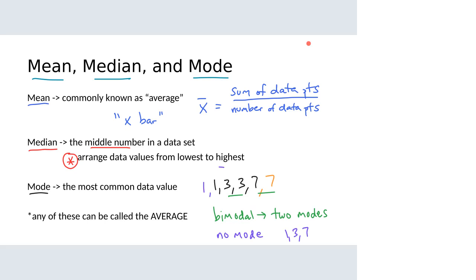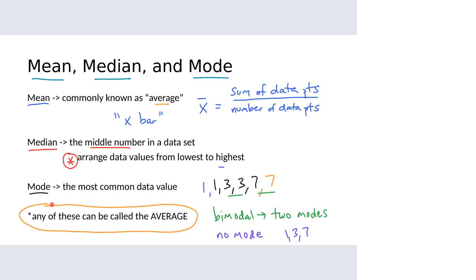One thing I mentioned when we were talking about the mean is that it's what you would commonly know as average. We're not going to use this word for that anymore because technically, statistically speaking, any one of these can be called the average. You could say average and be talking about the mode. You could say average and be talking about the median.